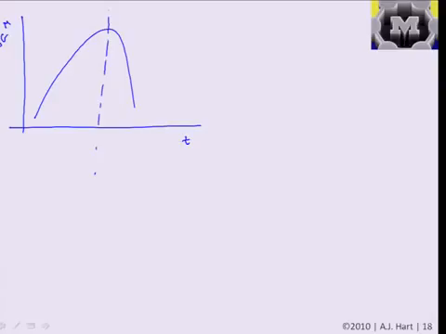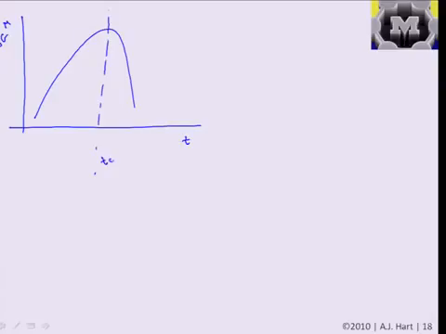So what we're looking at is a plot of the surface energy or the free energy change upon melting as a function of this thickness T, and that should be symmetric, sorry.